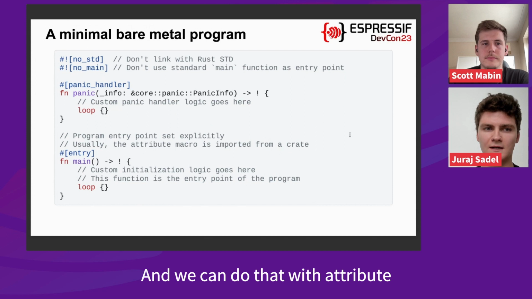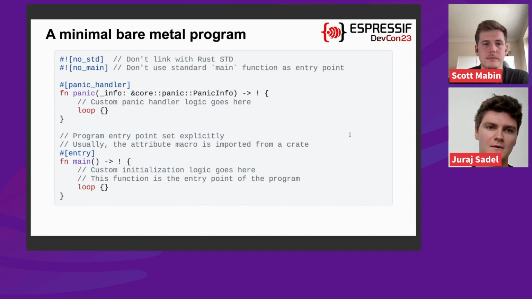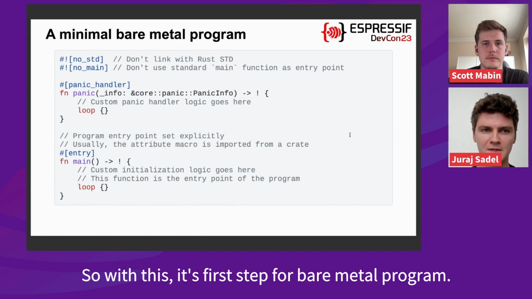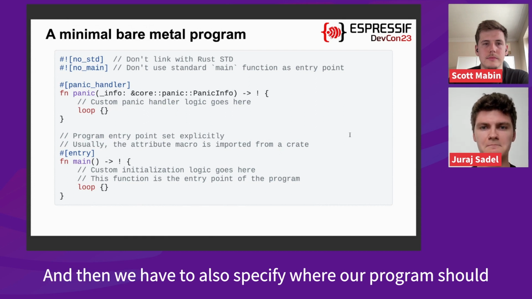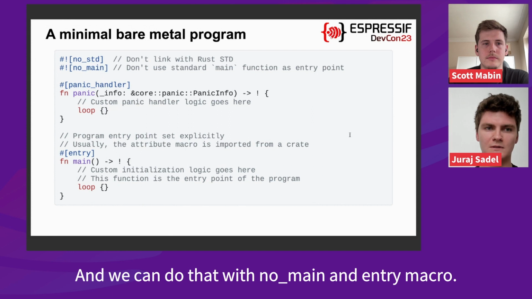We can do that with the macro attribute no_std, which is the first line. This is the first step for a bare metal program, and then we also have to specify where our program should start running, and we can do that with no_main and the entry macro.